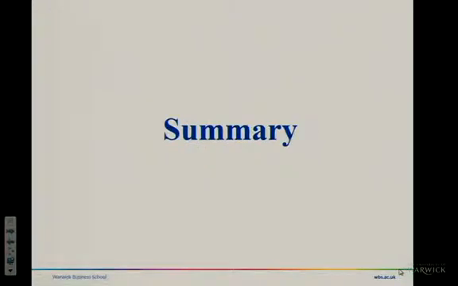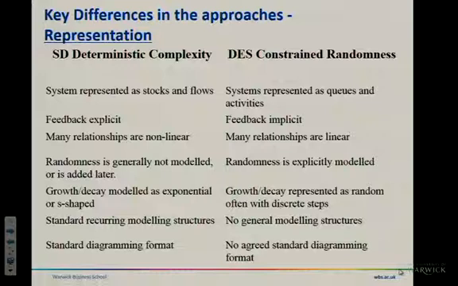So to summarize, what are the differences between system dynamics and discrete event simulation? We say that in system dynamics we have deterministic complexity. So we don't have randomness in our models. Most of our relationships, like how many clients are generated from word of mouth, we assume that it is a certain number.